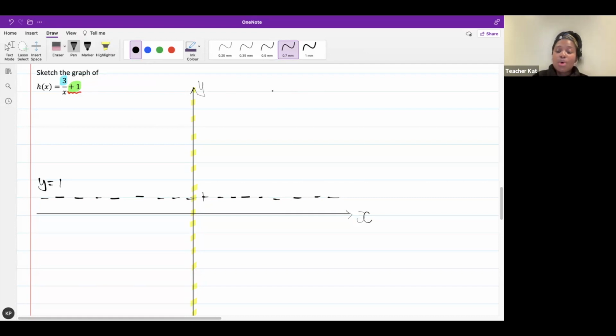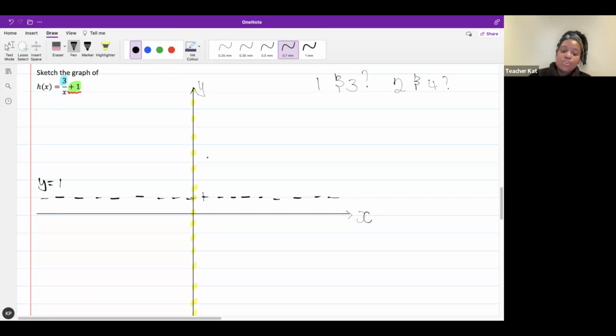So is it going to be quadrant 1 and 3 or quadrant 2 and 4? Which quadrants is my graph going to be in? Nice, princess. And why is it in 1 and 3? Because we have a positive value. See, guys, that wasn't that bad.